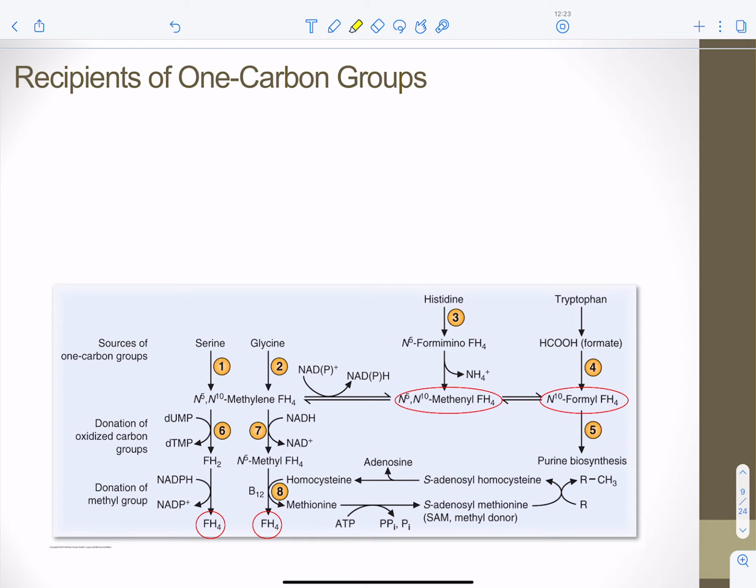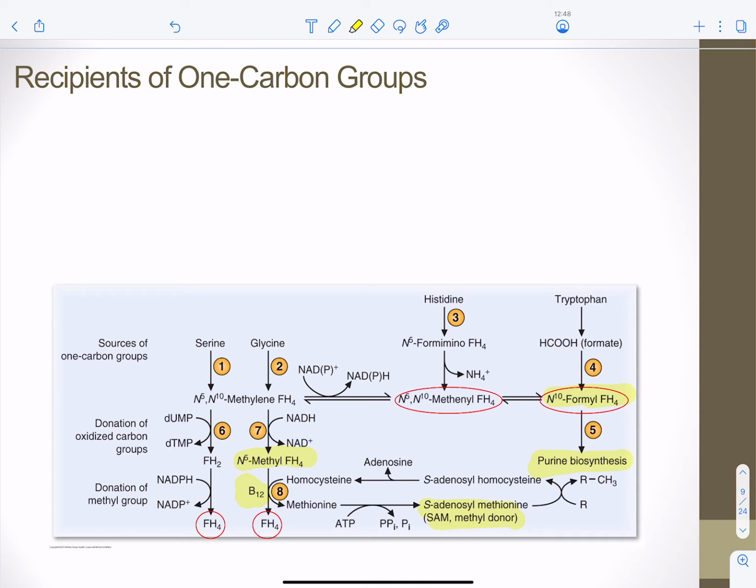So we have here our purine biosynthesis, which is going to require the N10 formyl tetrahydrofolate. We have our transfer to our vitamin B12 to generate SAM, which is going to be a methyl donor, and so that is going to be by the N5 methyl tetrahydrofolate.